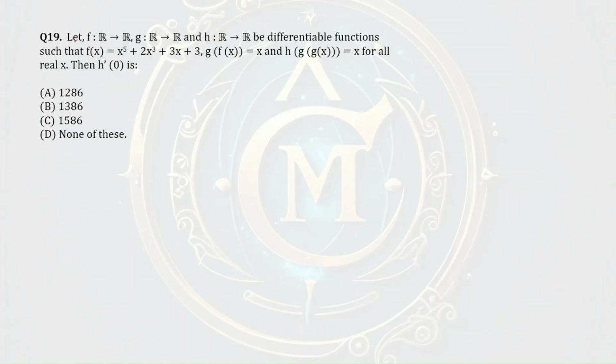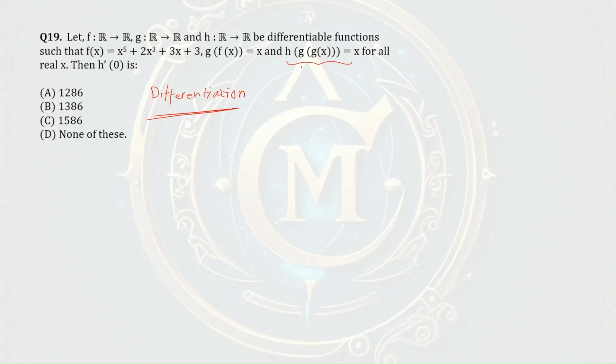Let's proceed. The next question is from the topic of differentiation. So you have to apply the rule of differentiation to find out the derivative of h(x) at x equal to 0. Now h(x) is not directly given to us. h(x) is defined as some composition of some other function g and f.